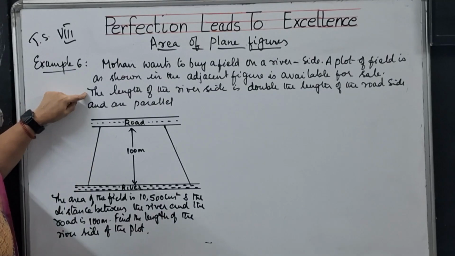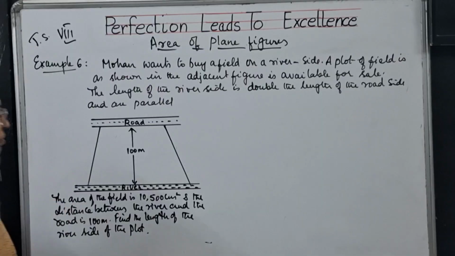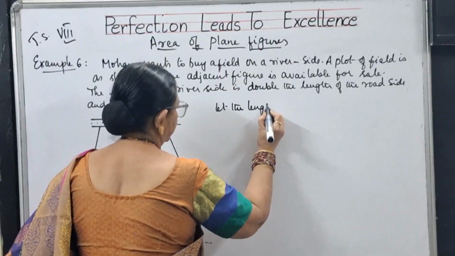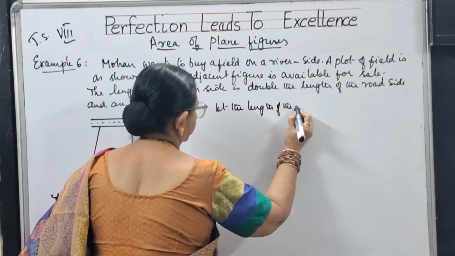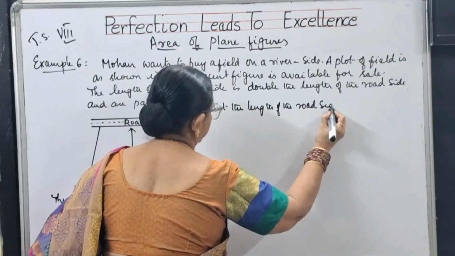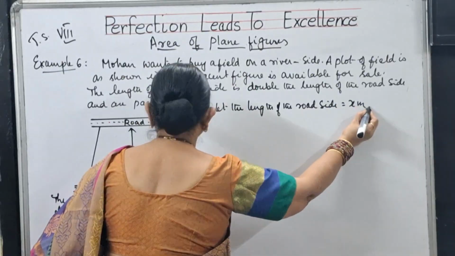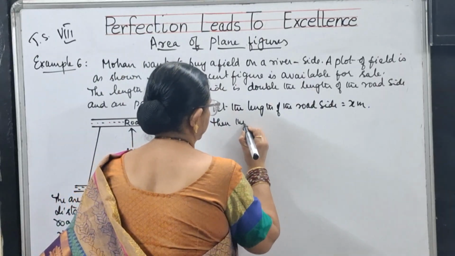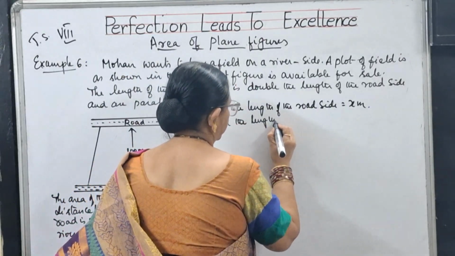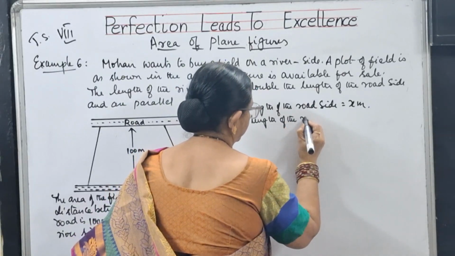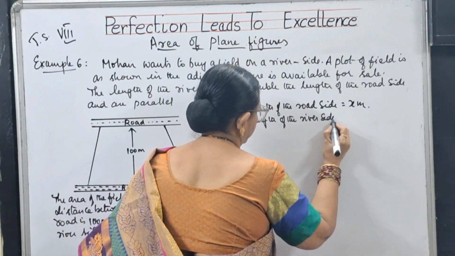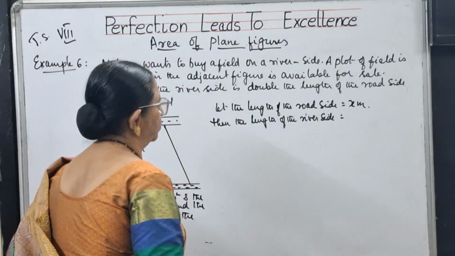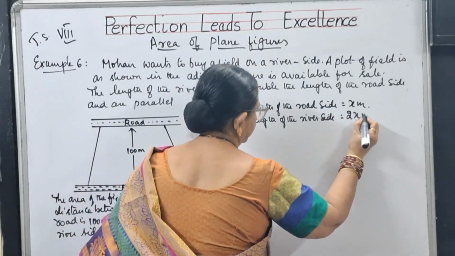What did they say? The length of the river side is double the length of the road side. So let the length of the road side be x meters. If it is x meters, then the length of the river side is double, that is 2x meters.